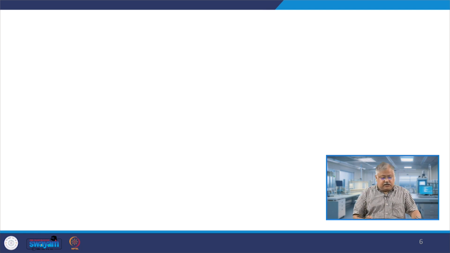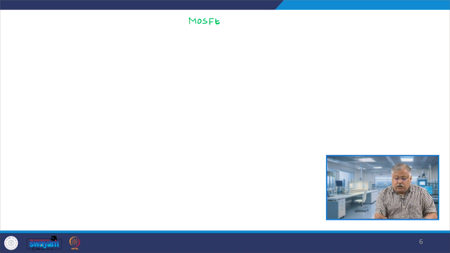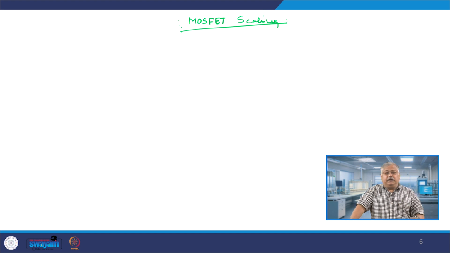Now, let me come to some idea. I did not bring the slides for it, but let me give you a small idea of what is known as MOSFET scaling. So, let us discuss scaling. What is the meaning of scaling? Scaling effectively means that we reduce the physical dimensions as well as electrical dimensions such that the performance of the device actually becomes better and better.